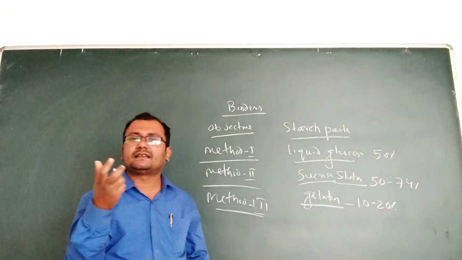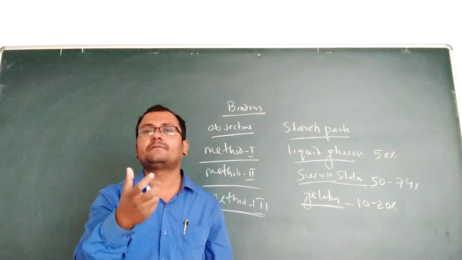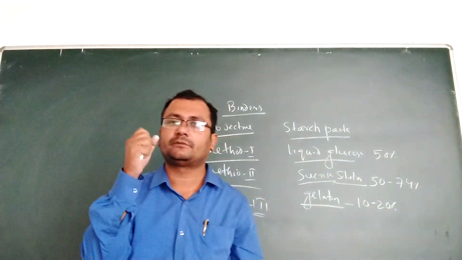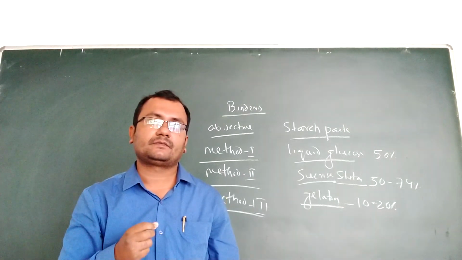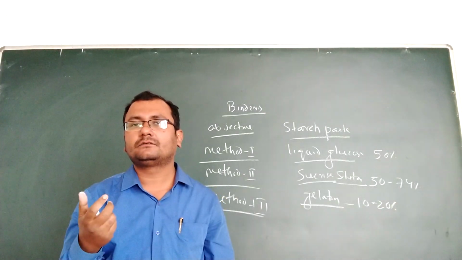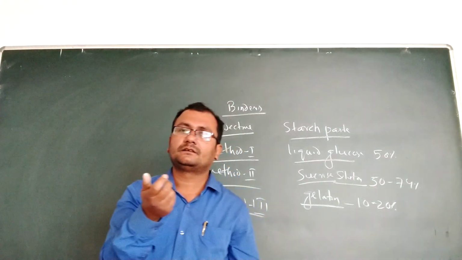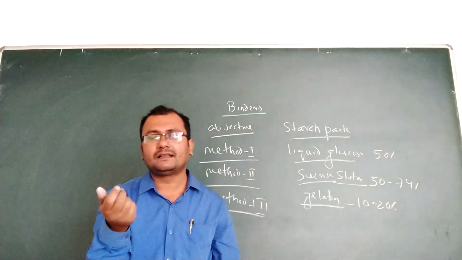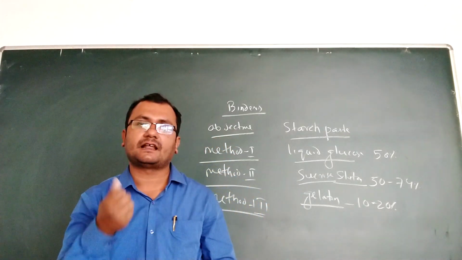But always remember, whenever we use the gelatin solution, it should be fresh and warm. That means it should not be a cold gelatin solution; it should be warm. Otherwise the formulation will become hard and we cannot compress it. The granules won't form.